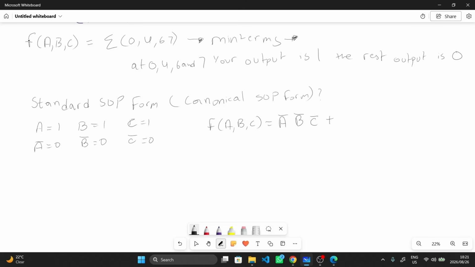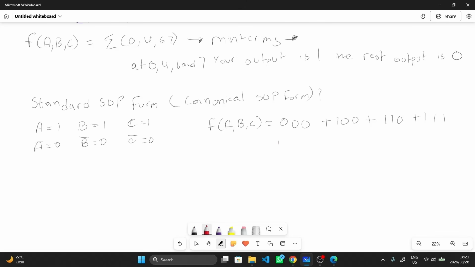4. 4 in binary is, so, okay, let me not confuse. So what we can do is, we can start with this. Easier way to do it, to get the standard form, is we just write that number 0 in binary, 0, 0, plus 4 in binary, plus 6 in binary and 7, right? Now underneath each we write the letter.